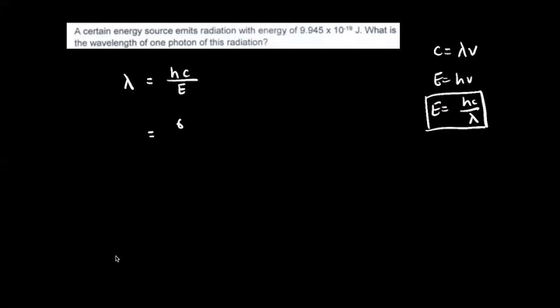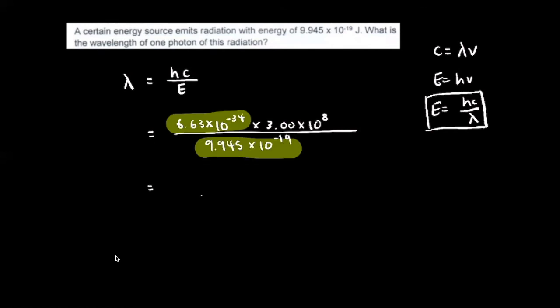And we end up with lambda equals Planck's constant times the speed of light divided by energy. Planck's constant is 6.63 times 10 to the power of negative 34. The speed of light is 3 times 10 to the power of 8. And the energy given to us is 9.945 times 10 to the power of negative 19.